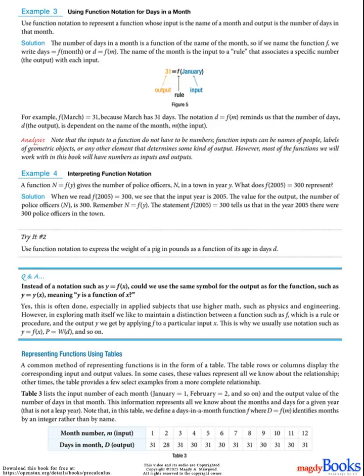The value for the output, the number of police officers n, is 300. Remember n equals f of y. The statement f of 2005 equals 300 tells us that, in the year 2005, there were 300 police officers in the town. Try it number 2.